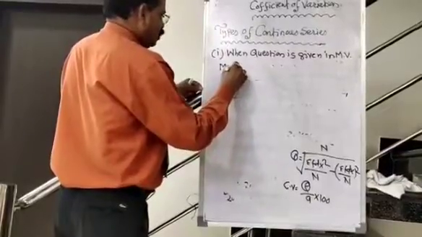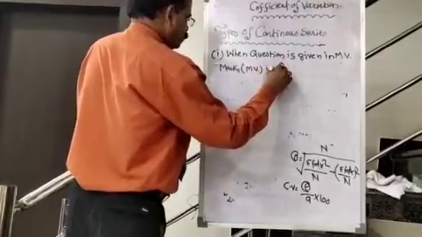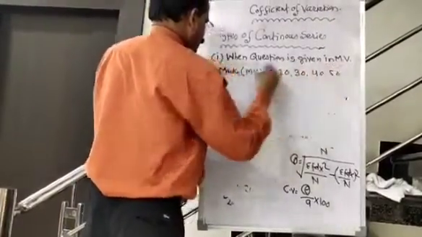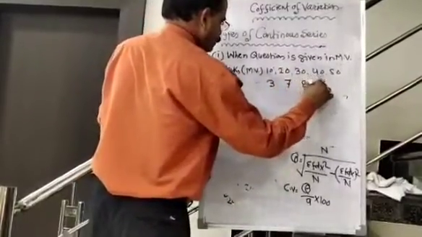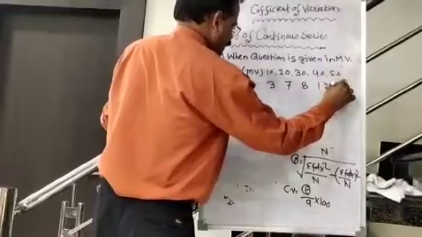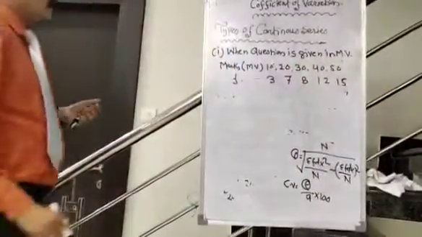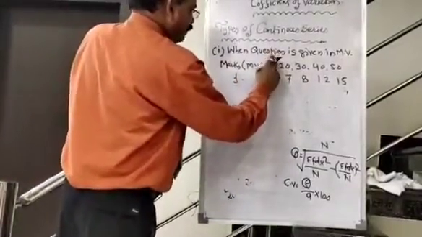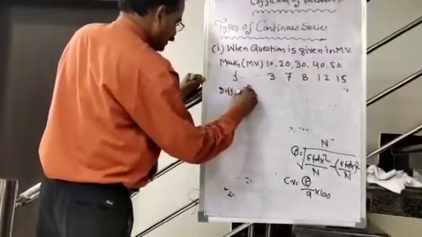Every time along with marks there will be mid value: 10, 20, 30, 40, 50. After that frequency 3, 7, 8, 12, 10, total 50. In this condition, first we should find difference between items. Difference is equal to 10.